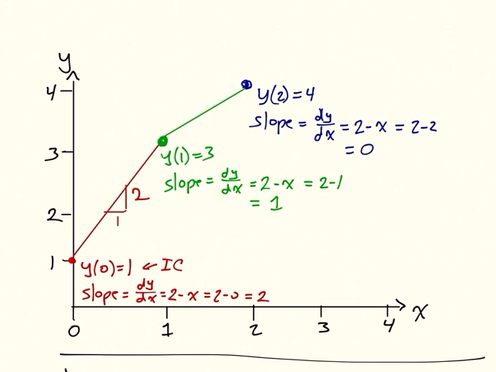So now my slope at this point is 0, and I can use that to extend my solution even further. So I'm going to extend my solution out with a 0 slope over to that point. And then I have another point in my solution. At this point, I can figure out that my location is y of 3 is equal to 4.